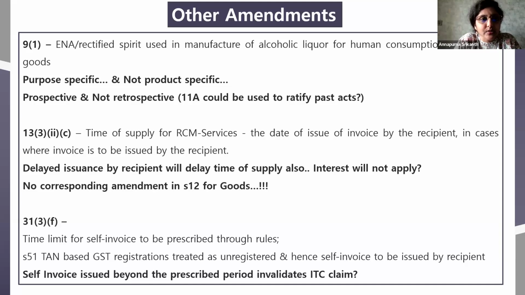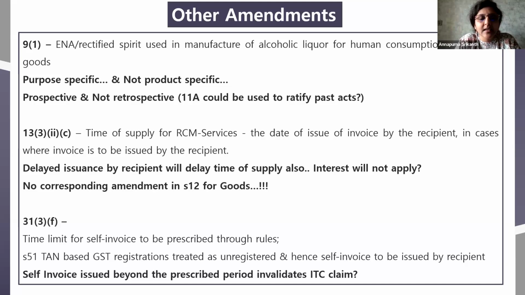Anything to discuss on this, or can I move to the next provision? Please move. Yeah. So the next provision is 13(3), sub-clause 2, clause C, where with respect to RCM services, the time of supply is specified to be the date of issue of invoice by the recipient in cases where the invoice is to be issued by the recipient.